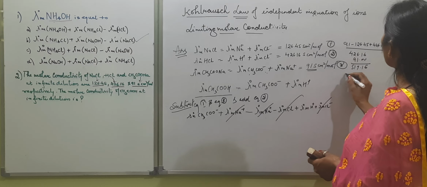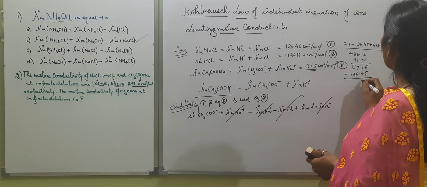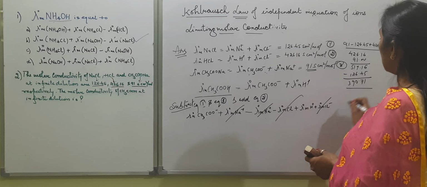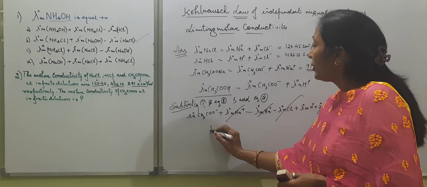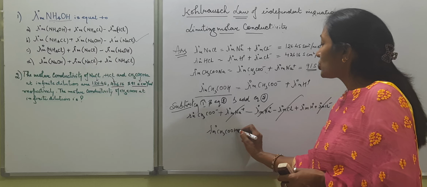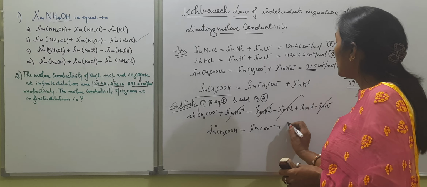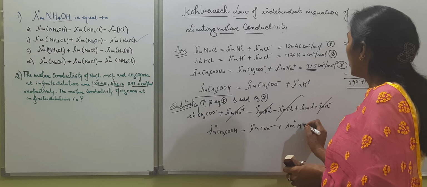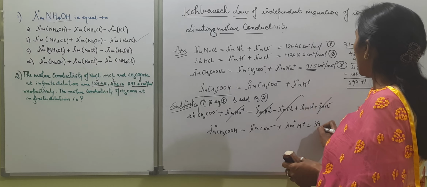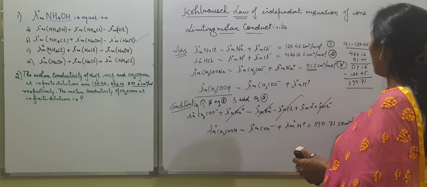And then we have to subtract 126 from it, and that is 390.71. So what is the limiting molar conductivity of acetic acid? That is CH3COOH, equal to the limiting molar conductivity of acetate ion plus the limiting molar conductivity of hydrogen ion, that is equal to 390.71 Siemens centimeter square per mole.